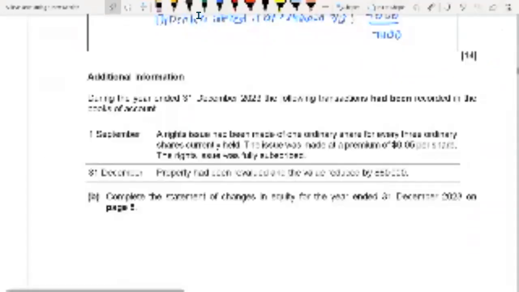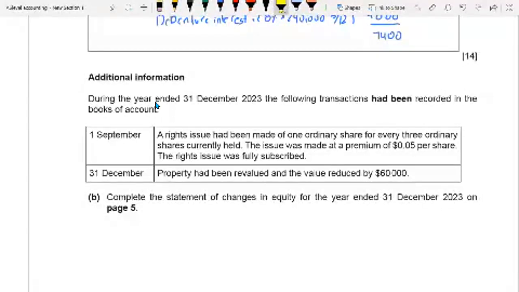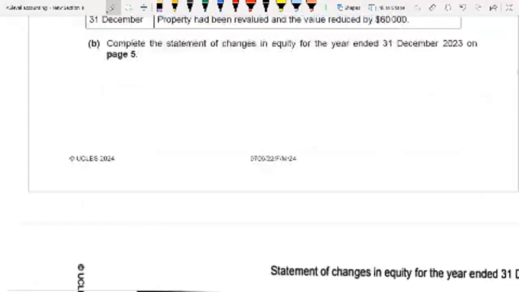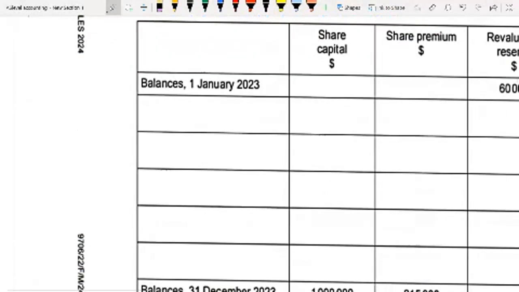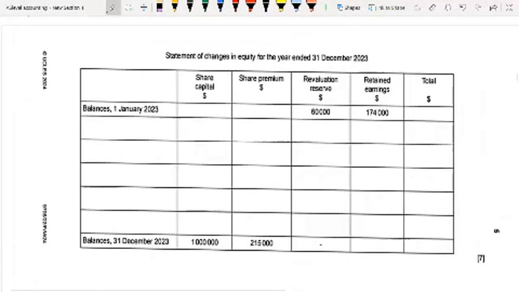Okay, so if you see, we have other things to do. We are basically supposed to make the statement of changes in equity. Okay, so for the statement of changes in equity, if you see, we have some balances.